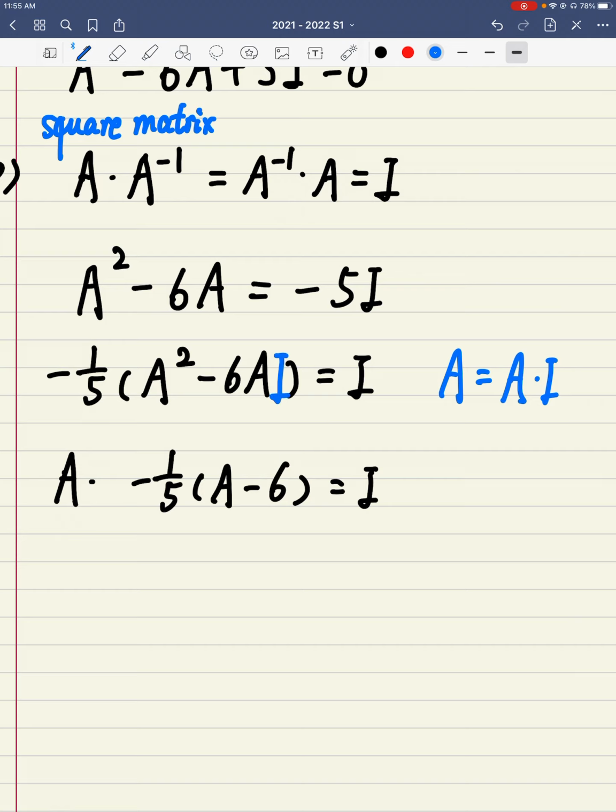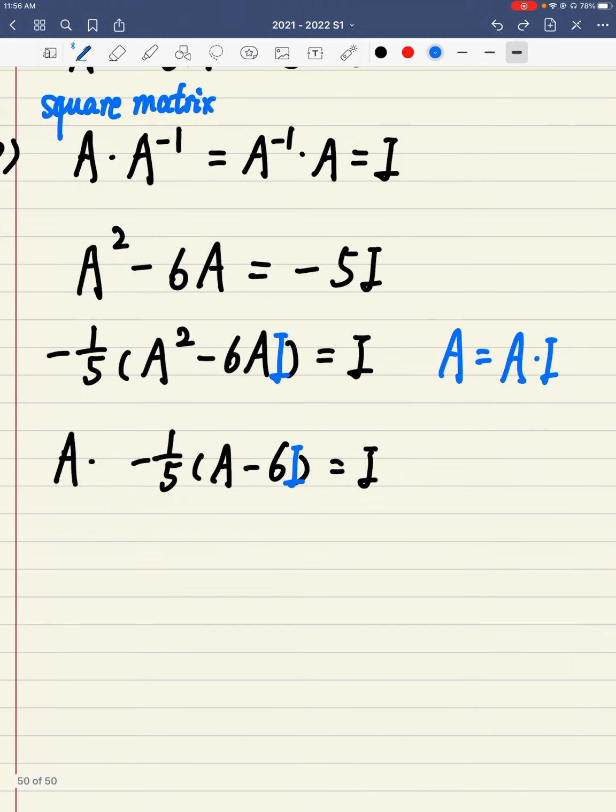It doesn't change anything because A is equal to A times I. However, if we write it this way, when we put A outside, we can rewrite the part in the bracket as A minus 6I. So it's A times negative 1 over 5 times (A minus 6I) is equal to I.